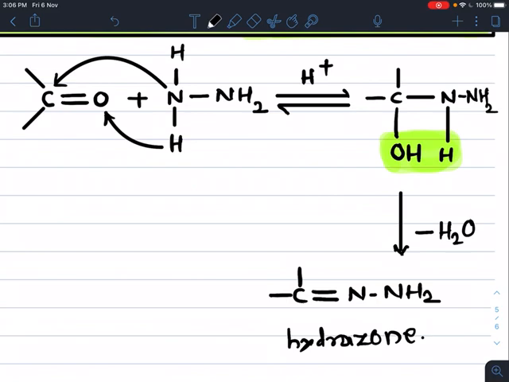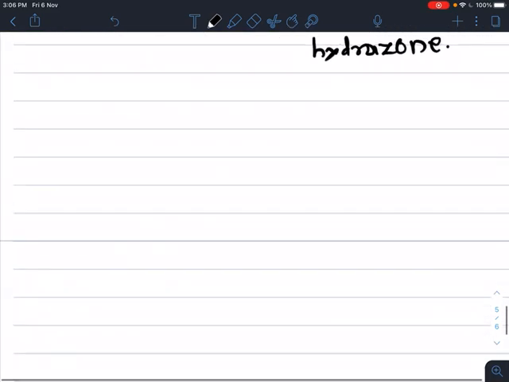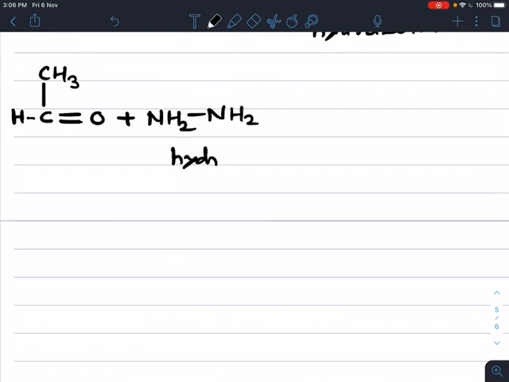If we take an example of an aldehyde, suppose acetaldehyde, CH3CHO, or I can write the H this side, CH double bond O, when it is treated with hydrazine, NH2, the name of this compound is hydrazine.